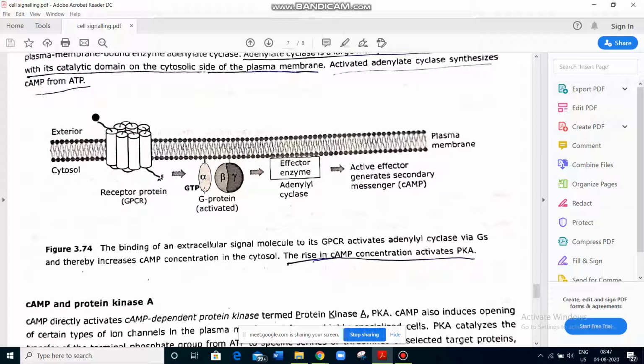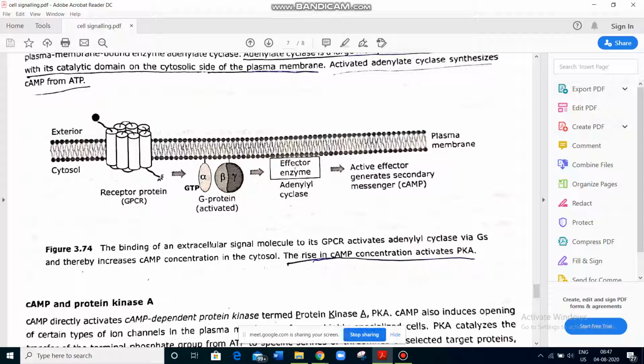After activation of the alpha subunit and beta gamma complex, this will activate adenylyl cyclase. Adenylyl cyclase is the effector enzyme. So this protein will initiate the activation of the adenylyl cyclase enzyme.